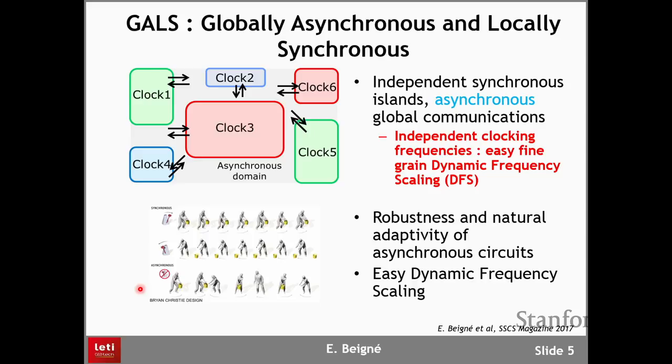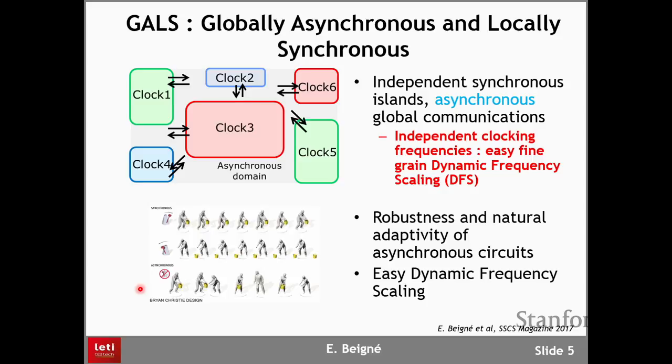In an asynchronous circuit, it's this line here. The protocol for communicating data is based on handshake. It means that you communicate the data, the bucket here, to the neighbor only when the neighbor is ready to receive it. So it works very well, whatever the variation. Why whatever the variation? Because you can think that one guy here in the line is encountering a variation, I don't know why, a fly or something, and then is not able to get the bucket.